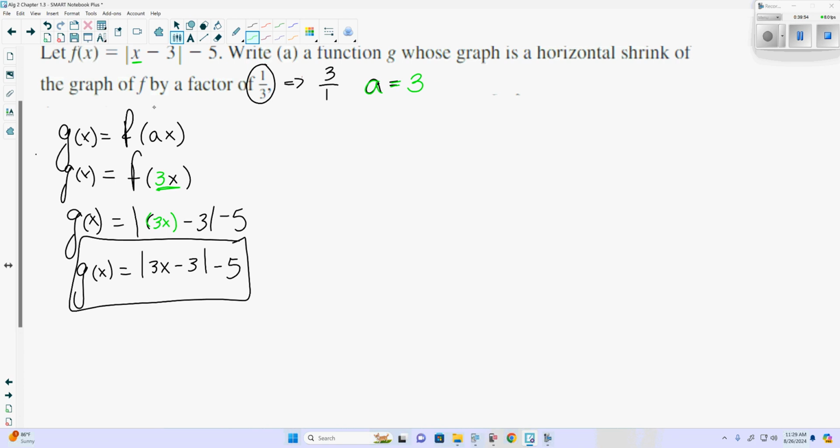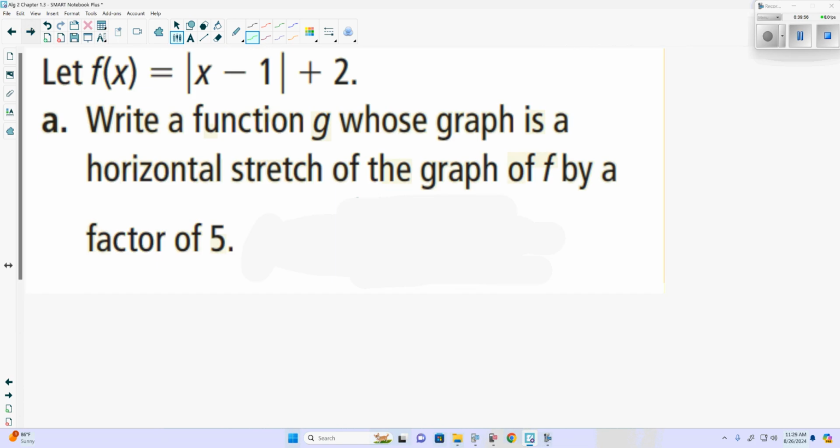We ready for the next one? Write a function g whose graph is a horizontal stretch of the function f by a factor of 5. Sorry, I just skipped right over that. So the general form would be f of a times x.